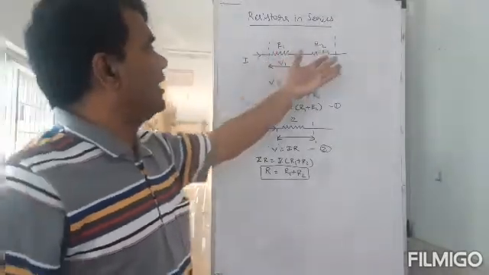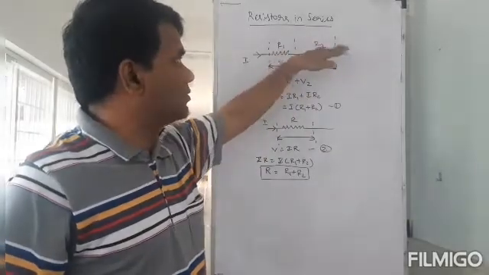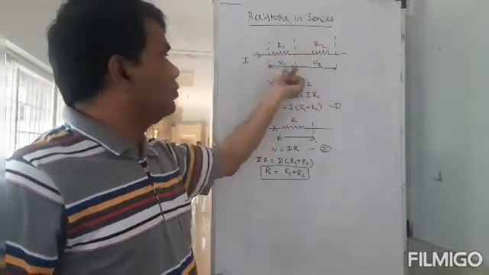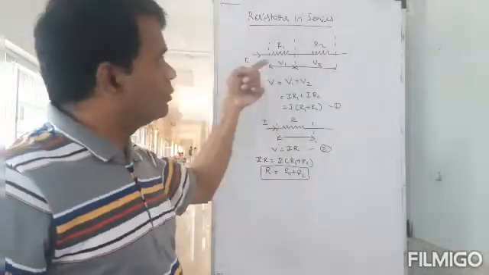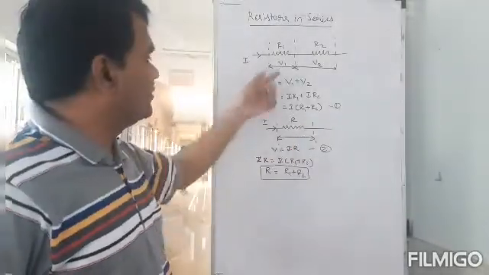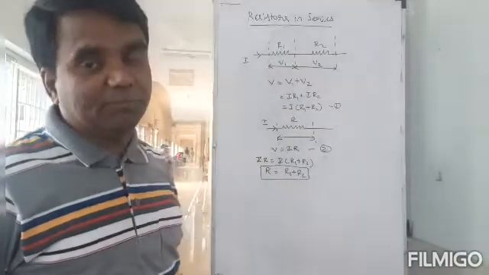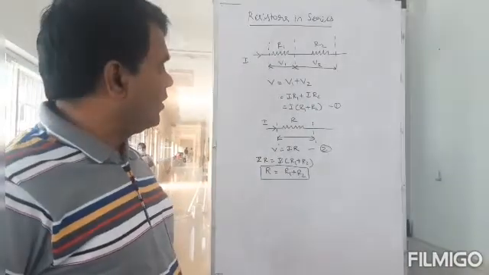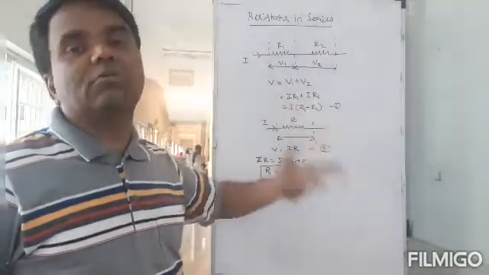Likewise, if I have a third resistor in series with these two, then again I will have V1, V2, V3, and I is the current which is going through all the three. So the total voltage V will be equal to V1 plus V2 plus V3. Again the equivalent resistance R will be equal to R1 plus R2 plus R3.